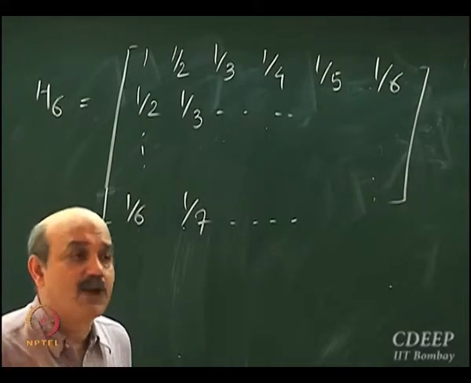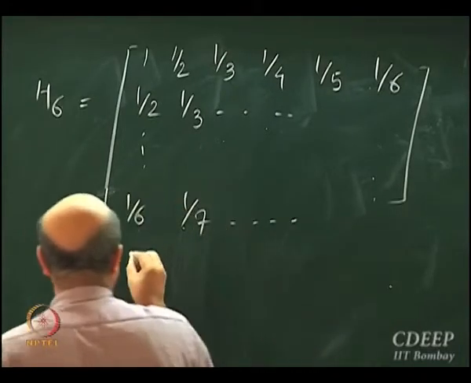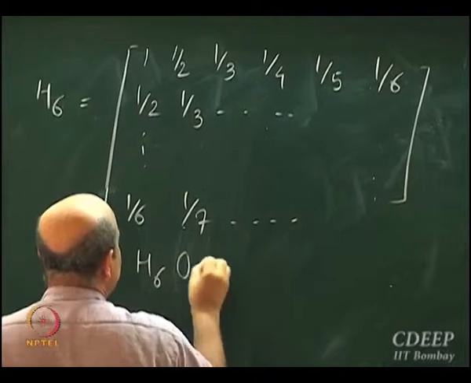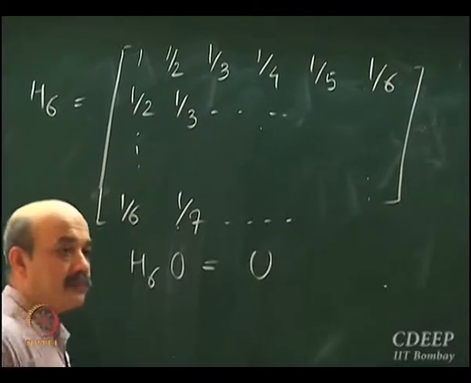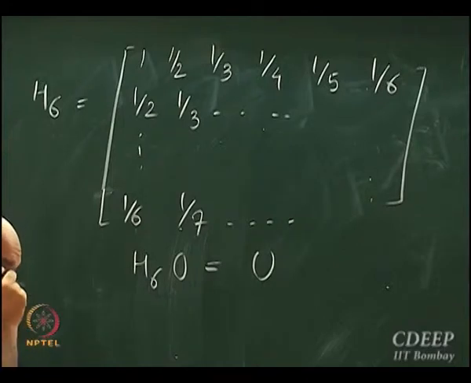If I want to fit a 6th order polynomial, then I get H6 times theta equal to u.